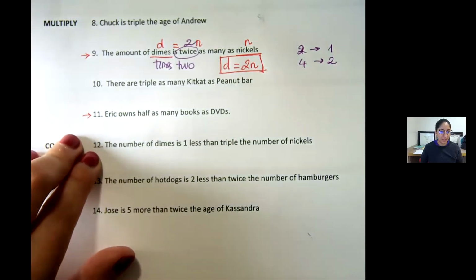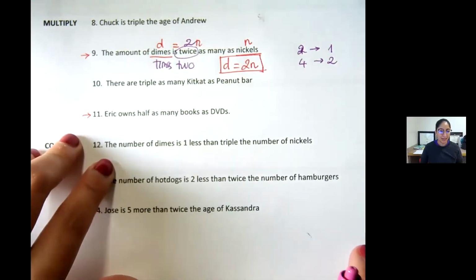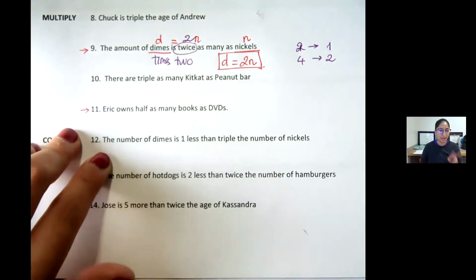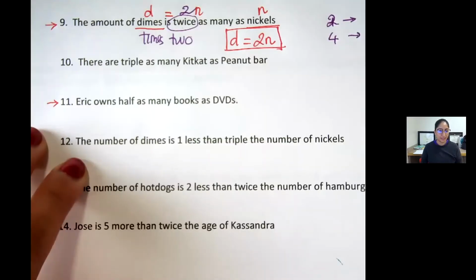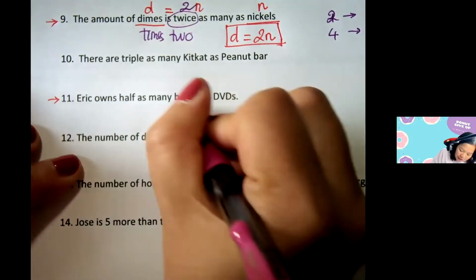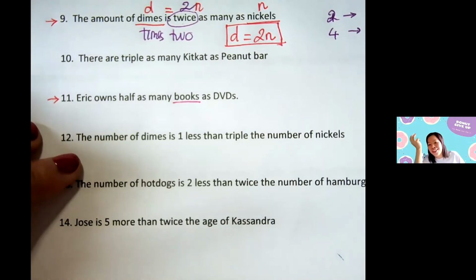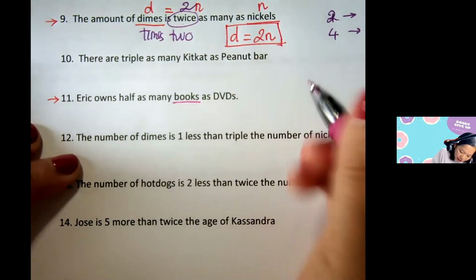At first glance, it might look like it's Eric, but that's just the person that owns the books and the DVDs. So it would be books and DVDs. Because there's nobody to compare Eric with, we don't put Eric as the variable.